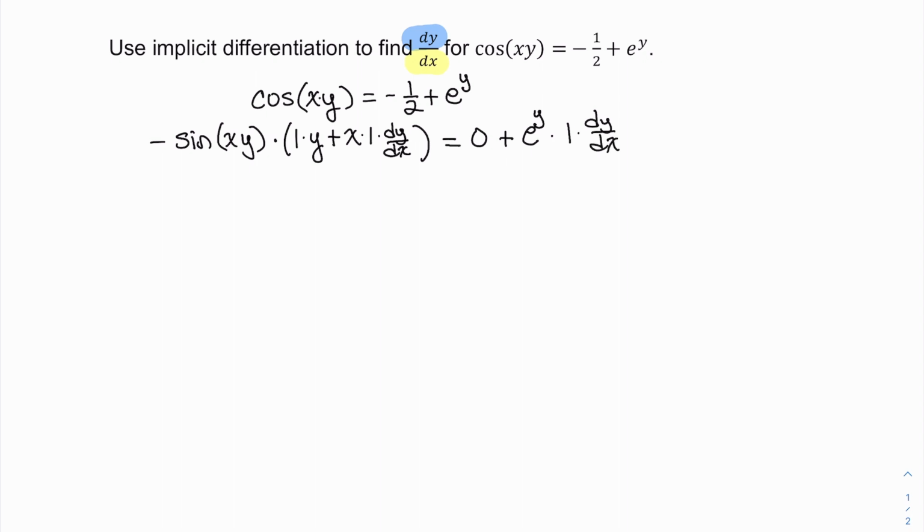Now let's rewrite that so it's a little more manageable to look at. So I have negative sine of xy times (y plus x dy/dx) is equal to e to the y dy/dx.